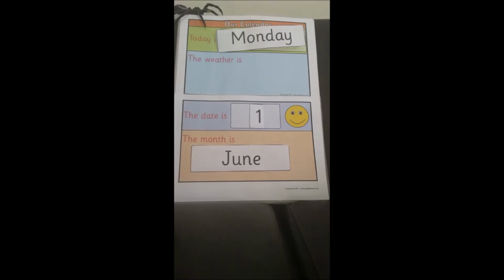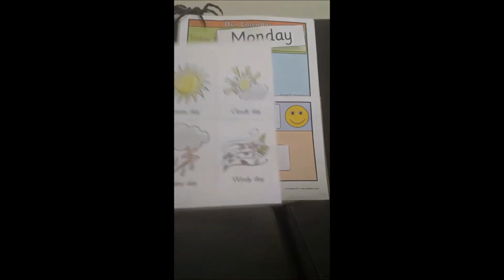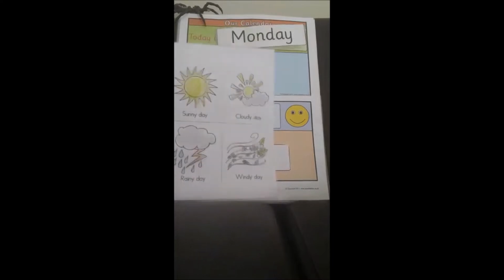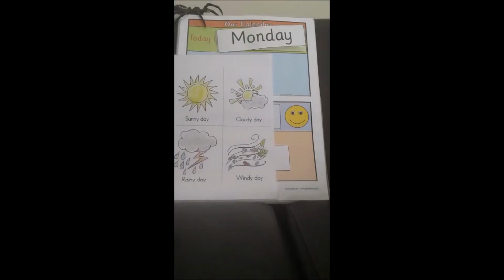Now, I don't know if you can remember the last time we did weather chart together with me. I need you to be my weatherman, and I need you to go take your little weather chart like this, and go outside, and tell your mum or your dad or your grown-up person whether it is a sunny day, a cloudy day, a rainy day, or a windy day.